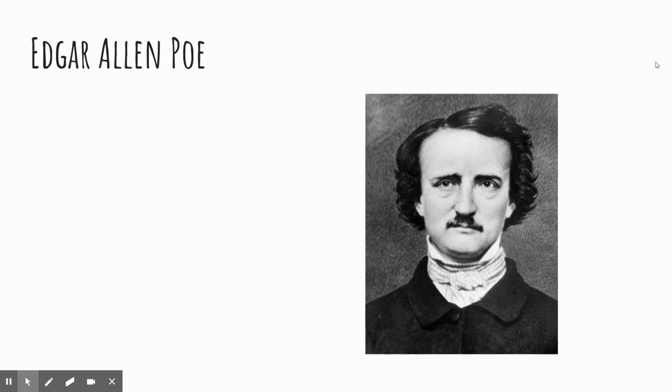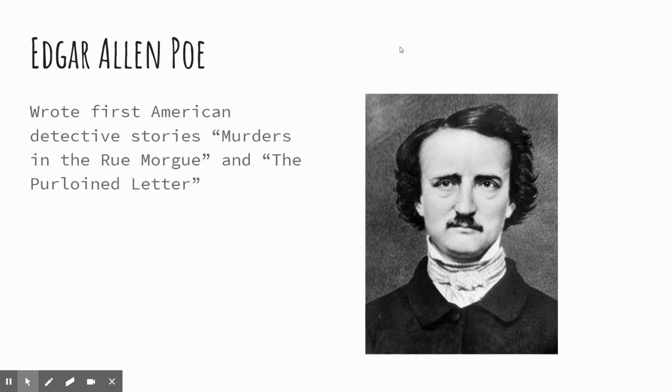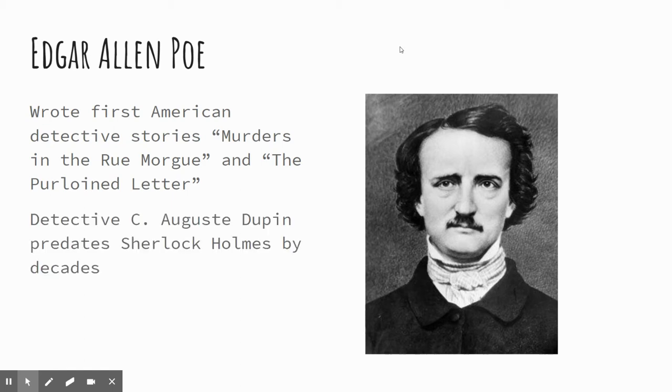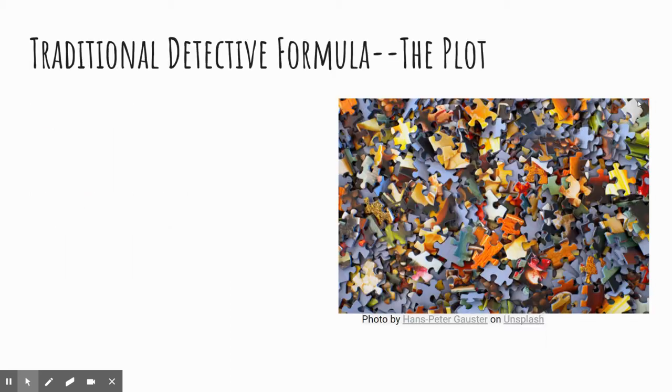Edgar is named for Edgar Allan Poe, and Poe wrote the first American detective stories. He wrote Murders in the Rue Morgue and The Purloined Letter. He created this detective named C. Auguste Dupin, who predates Sherlock Holmes by decades. And because it's an Edgar, we know that it is somehow a detective novel.